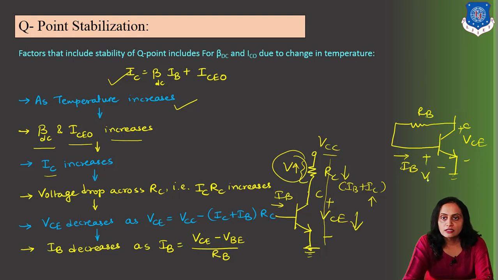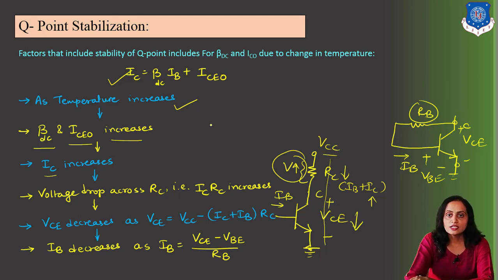So we can write the voltage drop across collector and emitter, VCE, is equal to IB RB, the voltage drop across RB, plus VBE.